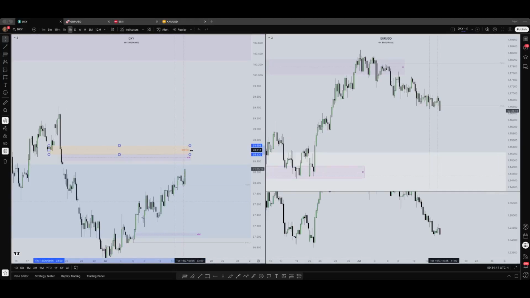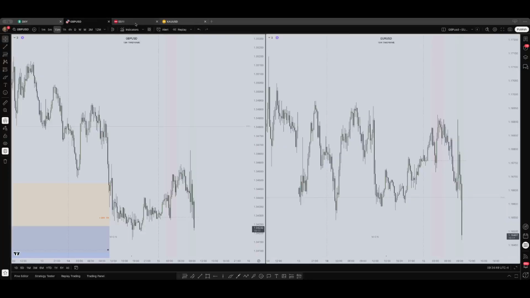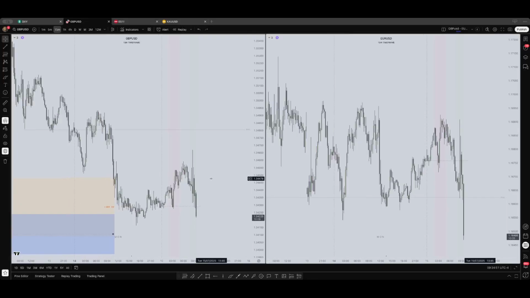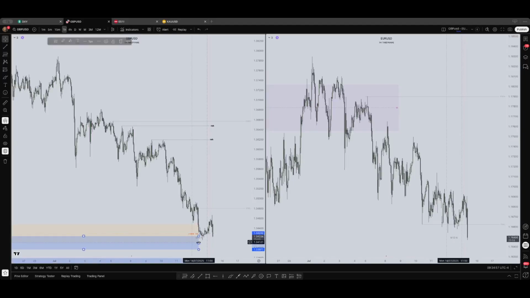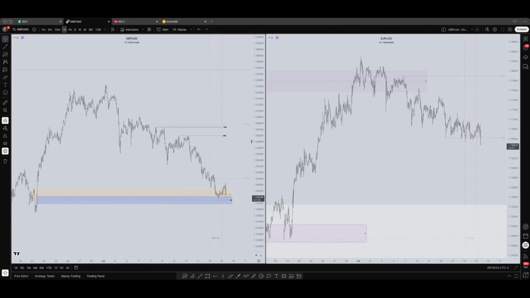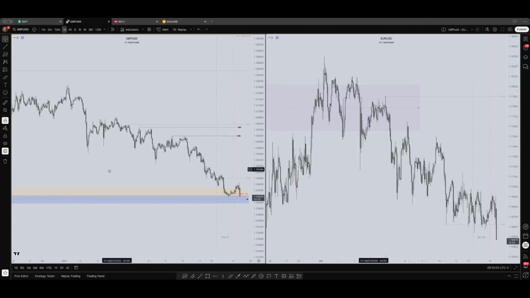I shared this analysis with you, and I was expecting price to reach this. We have an hourly fair value gap here and a breaker on the GBP USD.